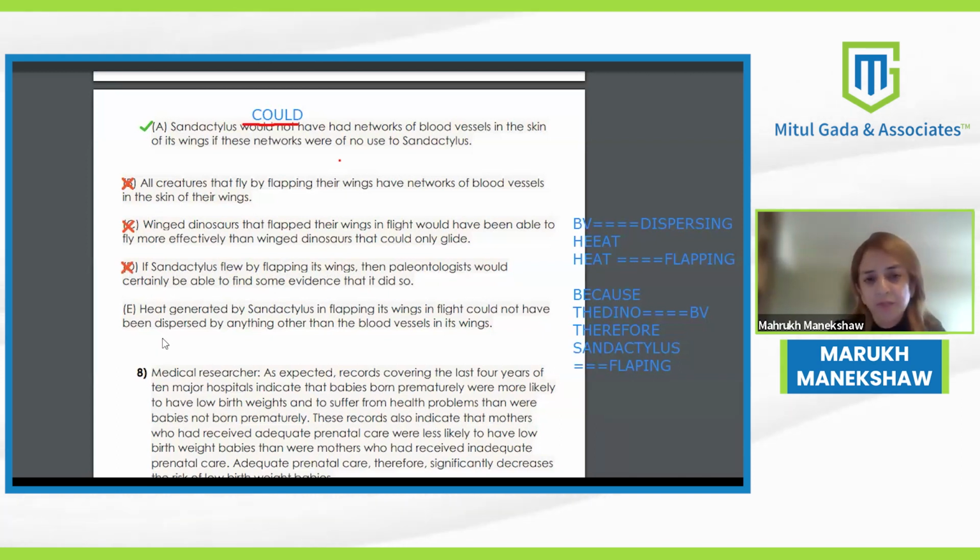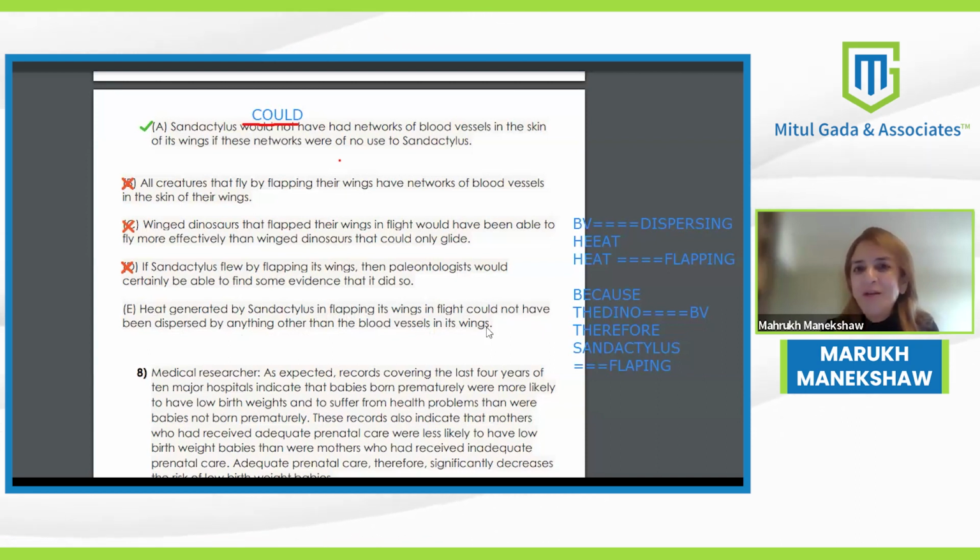E has confused a lot of us. It has been a commonly picked incorrect answer, and we'll tell you why it would not be E. E says heat generated by Syndactylus in flapping its wings in flight could not have been dispersed by anything other than blood vessels in its wings. This is the same thing again.